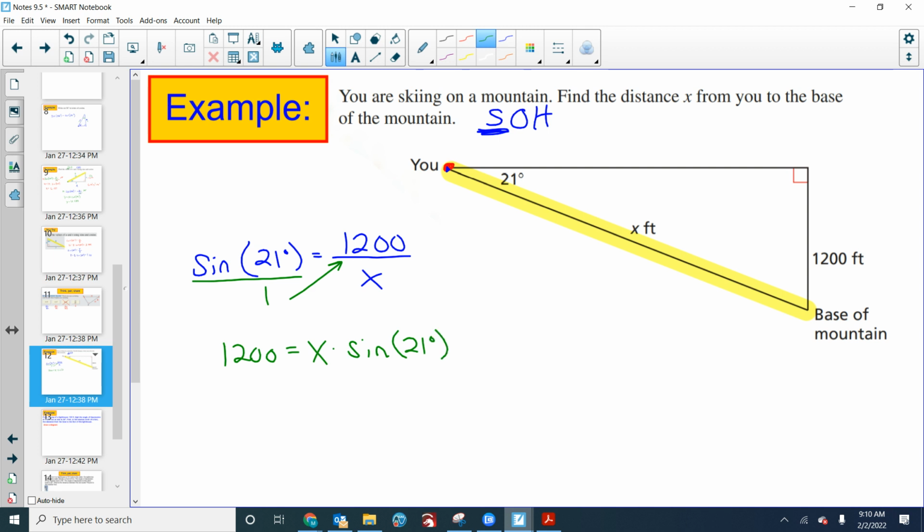I will warn you right now, I have a bunch of students get this wrong because they don't take the time to do both steps. One step gets x out of the denominator. The next step solves for x. I have to actually divide both sides by the sine of 21.